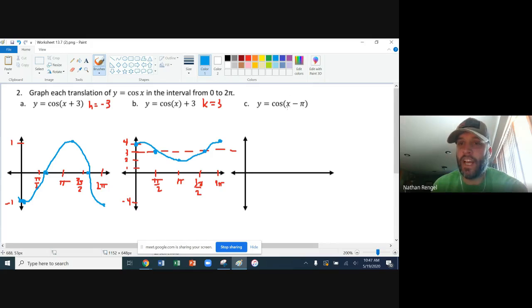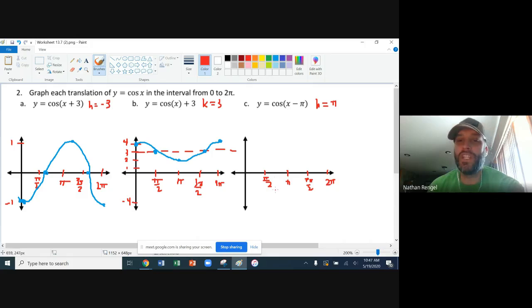And lastly, I've got an x minus pi phase shift. So we'll graph our 2 pi, pi over 2, and 3 pi over 2. Okay, and then this is our h value is equal to pi.